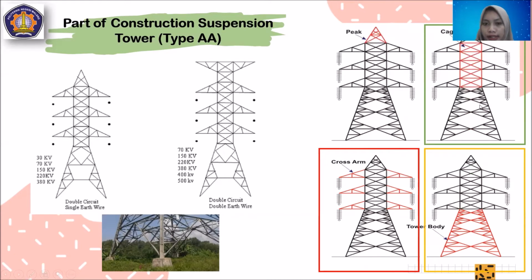And then vertical distance between conductors is a series of steel profile that has a certain height, which functions to separate the conductors from one another vertically to reduce losses caused by mutual inductance of each conductor. And the last is peak. The top of the arch wire is the very top of a tower.